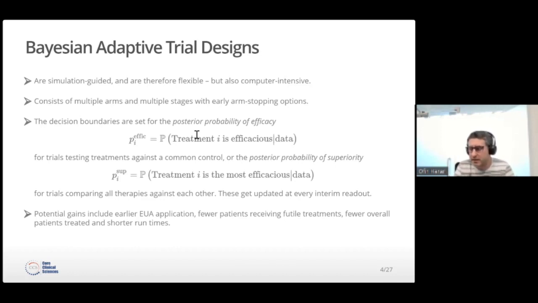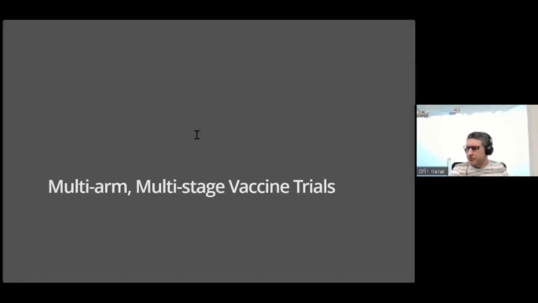If we are lucky, we may also not use up the full quota of enrolled patients that we planned, and that will also represent saving in resources. So the first type of design that I'm going to present will be a multi-arm, multi-stage vaccine trial.